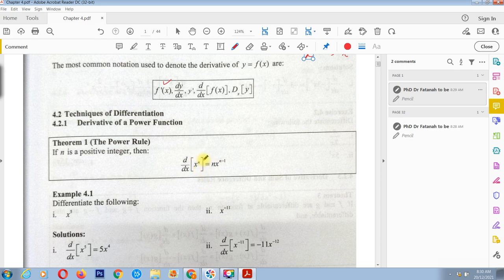if the function is a power, so we have x to the power of n, and the derivative is n x to the power of n minus 1.